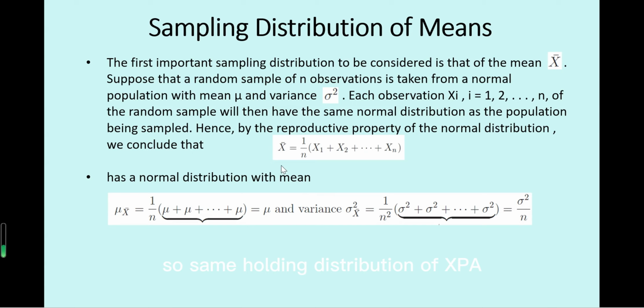So the sample average has a normal distribution with the population mean mu and the population variance divided by n as its own variance.